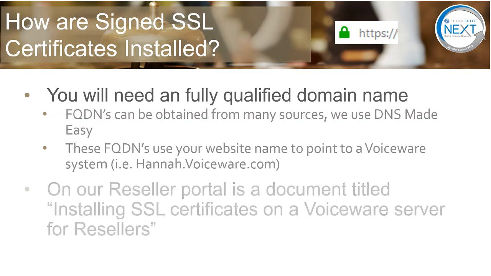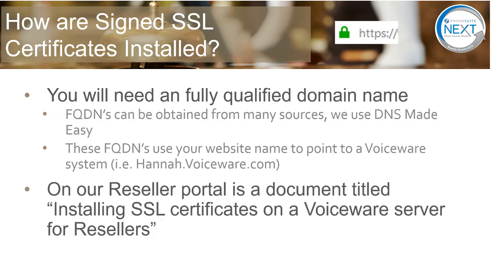Once you have that, though, you can start doing, for example, here I have hannah.voiceware.com. So once you have voiceware.com, you can start adding what are called A records of specific names that are subdomains of that voiceware.com that'll point to a specific site.